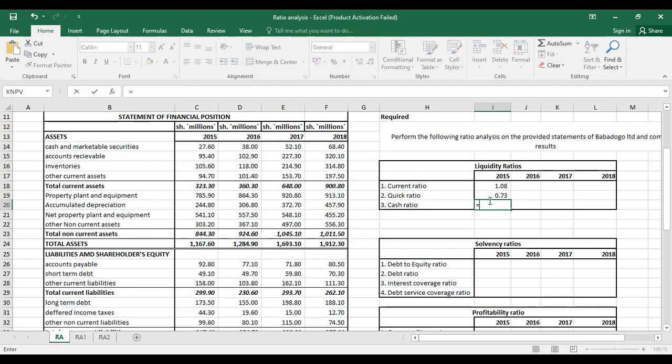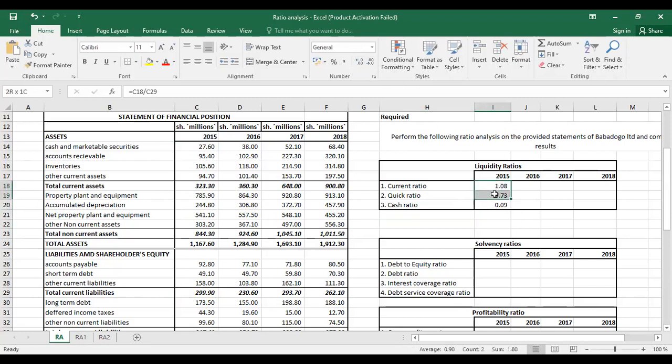Then equals cash ratio, so it will be cash and cash equivalents. You can see here we had cash and marketable securities, and this one is our other, so we only have that one. This one, divide by current liabilities. Then I select the data and do 2 decimal places.